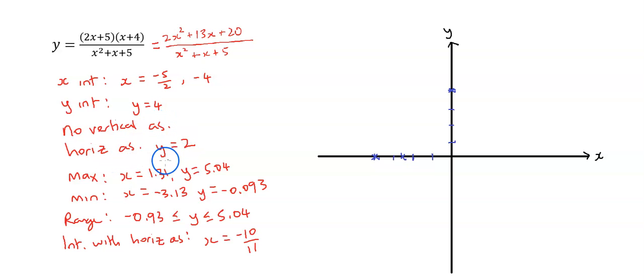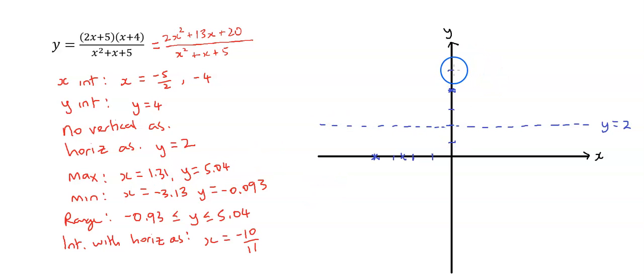We have the horizontal asymptote y equals 2, so we can go ahead and mark that on there. Y equals 2. And we have our maximum point when x is equal to 1.31 and y is equal to 5.04.